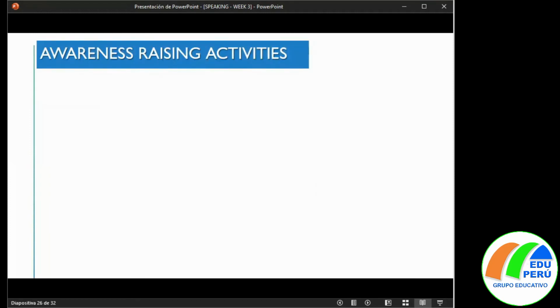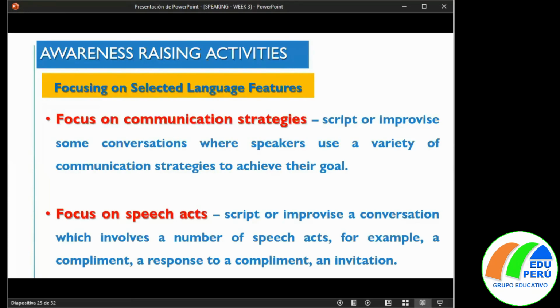For example, going back to the previous one that I told you in the communication strategies, and also referring to the structure, the relative pronouns or relative clauses. So what would be the function? What would be the speech act? Can you guess?